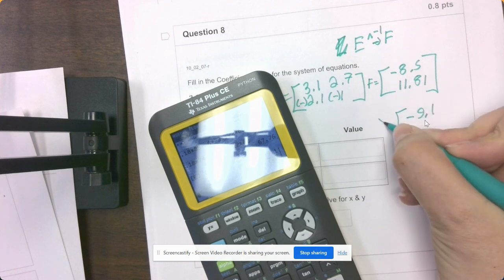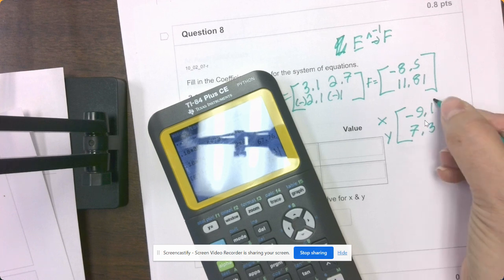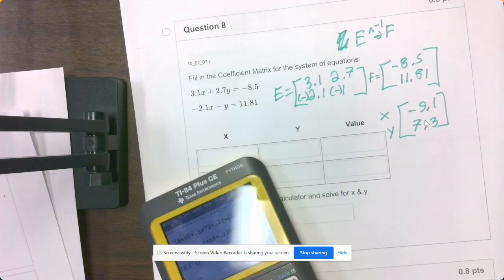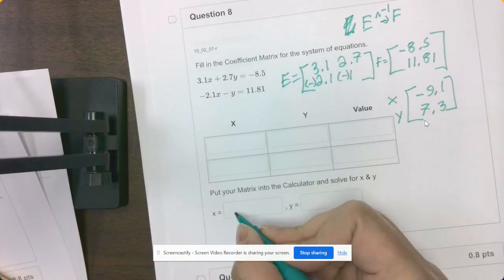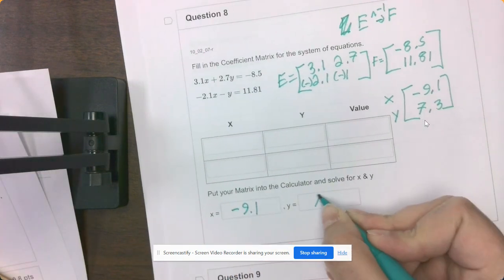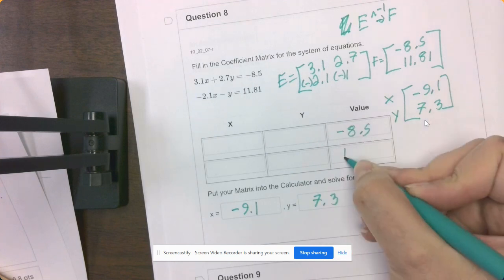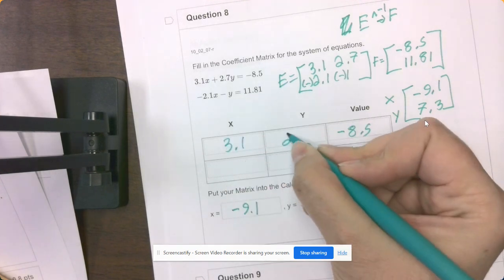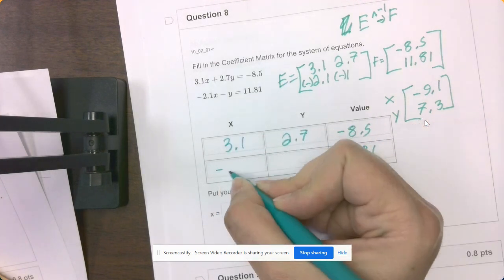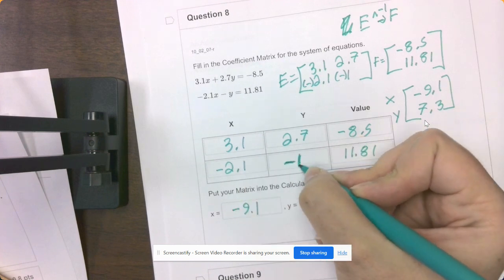So this would be for X, this is for Y. So solutions. So we got those.